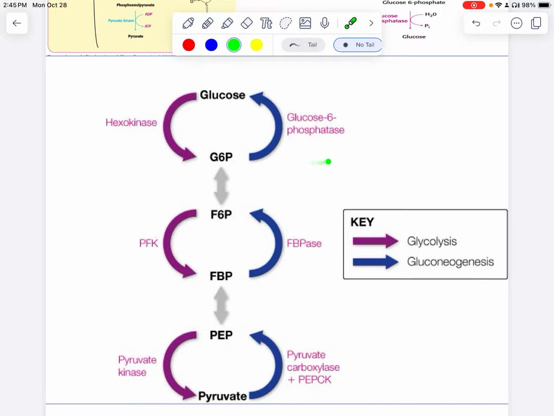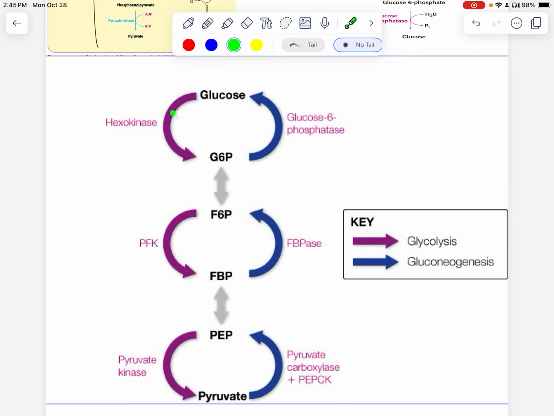This glucose 6-phosphatase is only found in the liver, which makes a lot of sense because the role of the liver is to keep our blood glucose level over a 24-hour cycle, right, of eating and fasting. And so this helps keep our blood glucose levels fairly constant.